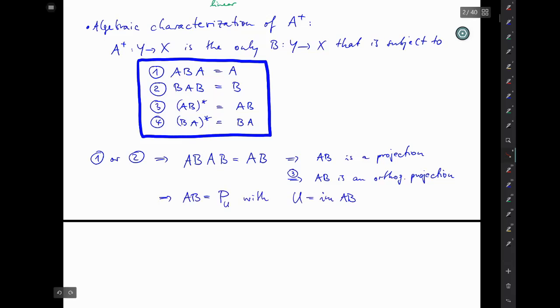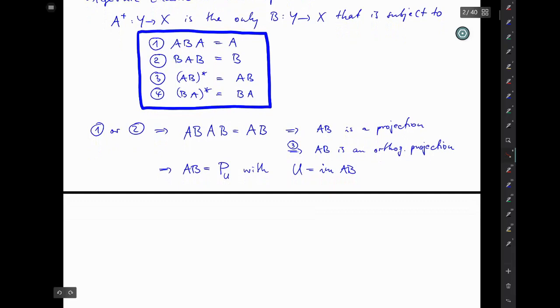Okay, so we're looking for this set. I've abbreviated it by U for first, on which we are projecting orthogonally, and that must be the image of AB, and that's why we make the following computation.